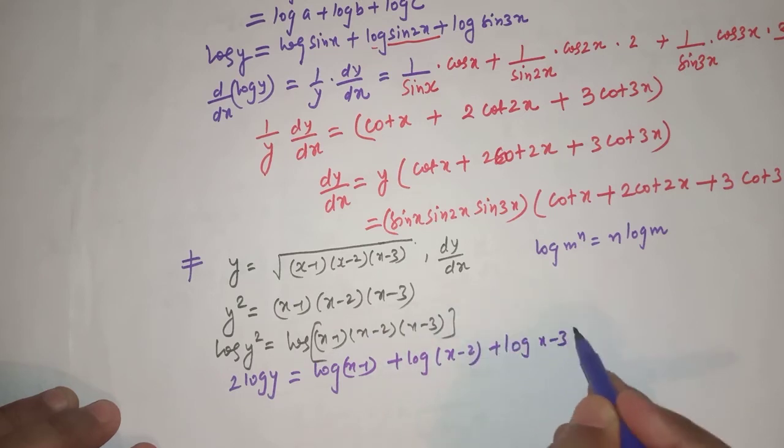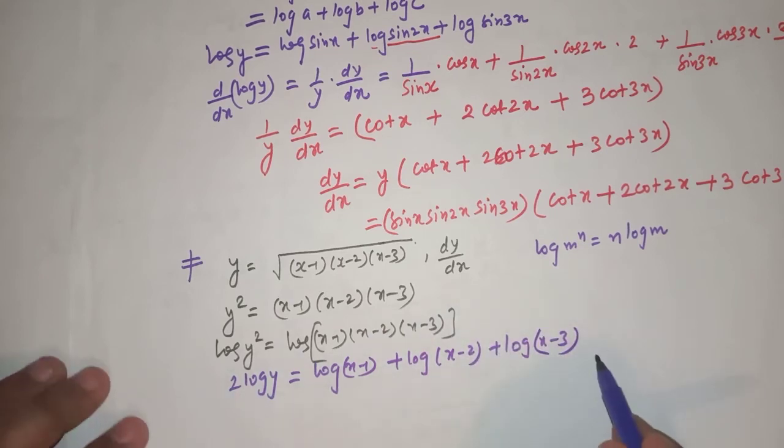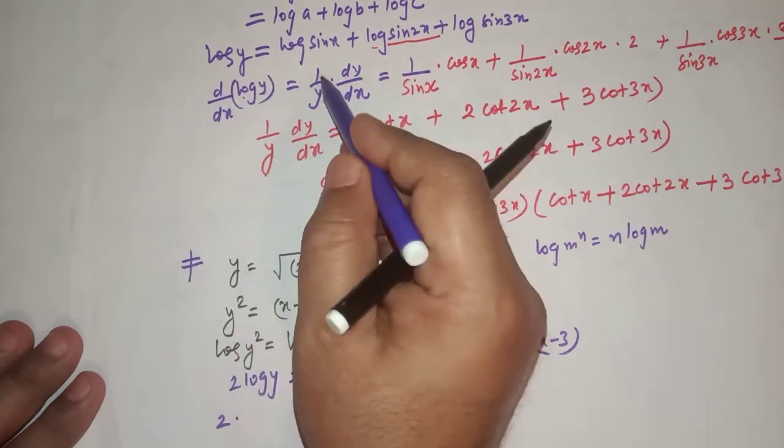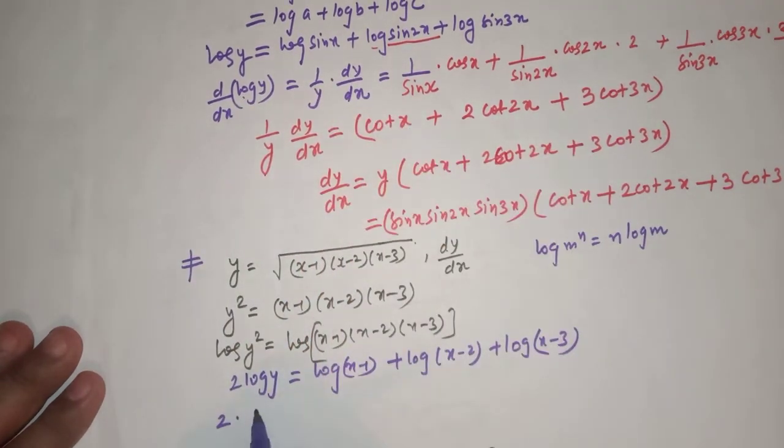Clear? Now we differentiate both sides, so we'll have 2 is constant, and the derivative of log y is 1 over y dy over dx. So this is 2 over y dy over dx. The derivative of log x minus 1 is 1 over x minus 1, and if we apply the chain rule, the derivative of x is 1 and 1 is 0, so we'll have only 1.